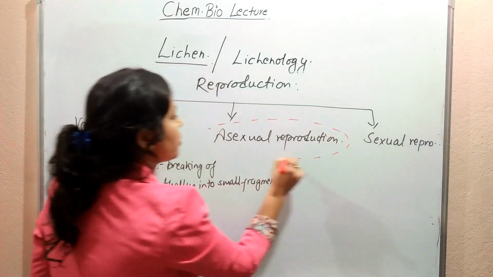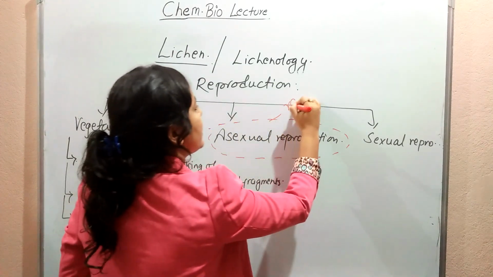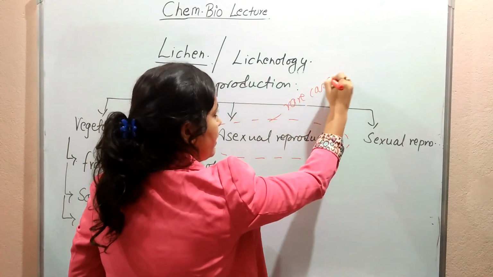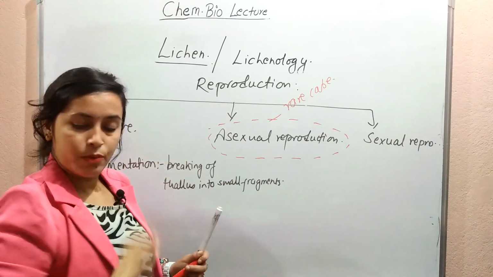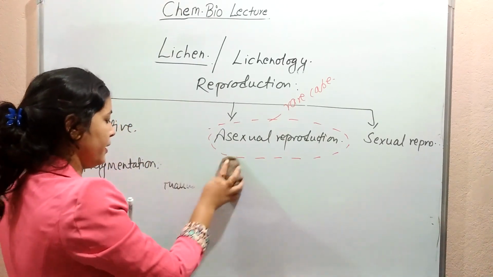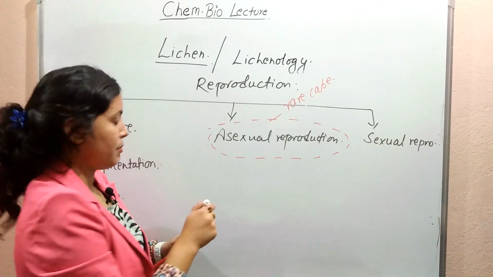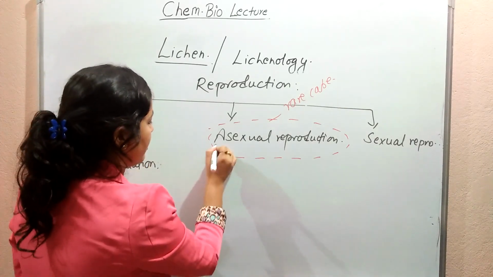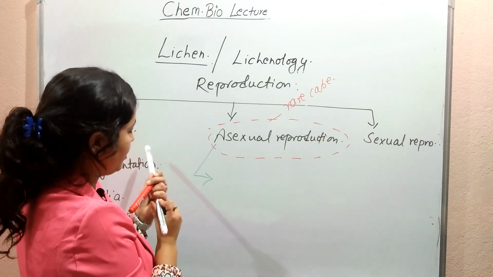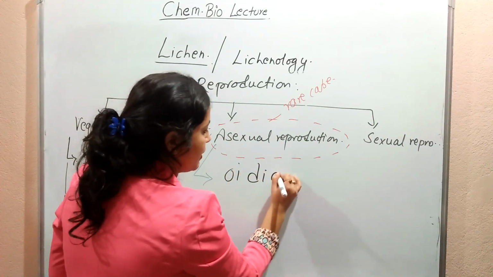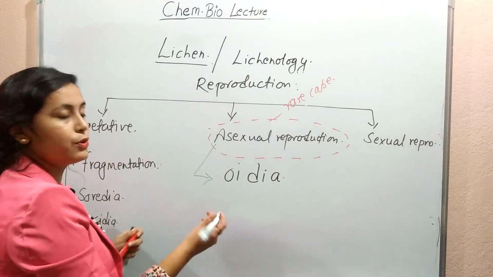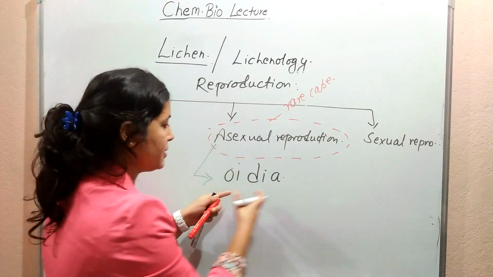Now in case of asexual reproduction, it occurs usually in rare cases. When they reproduce asexually, they might reproduce by producing oidia, that is, spores from part of a hypha.